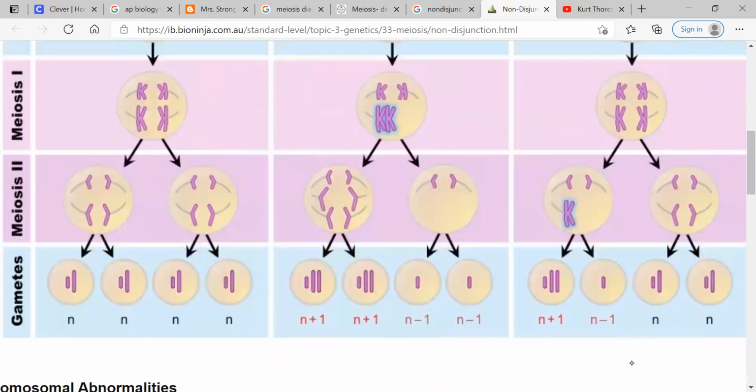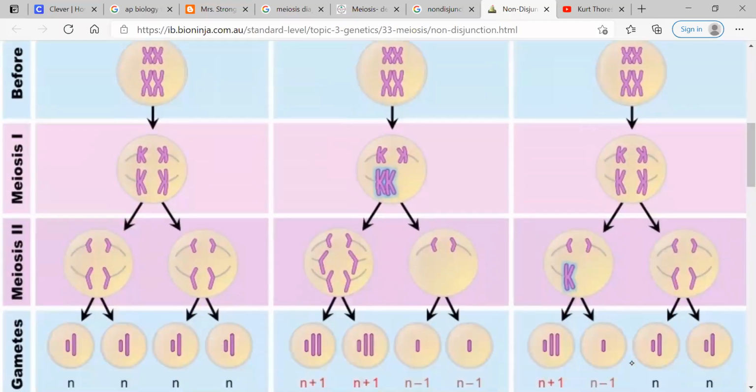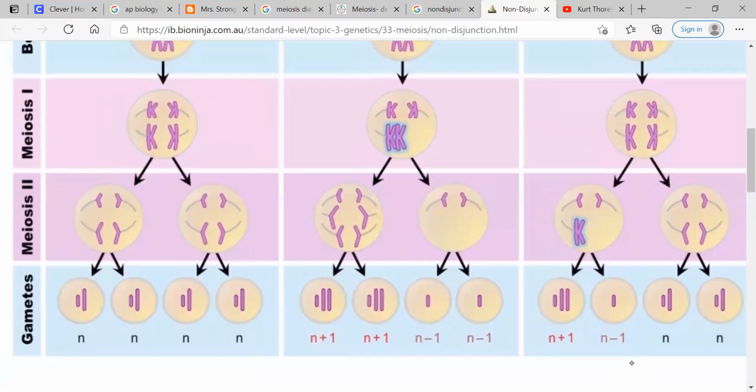Now take a look at when non-disjunction takes place in meiosis 1. How many chromosomes should there be after meiosis in each cell after meiosis 1? How many are there in the daughter cells after meiosis 1? 3 and 1.